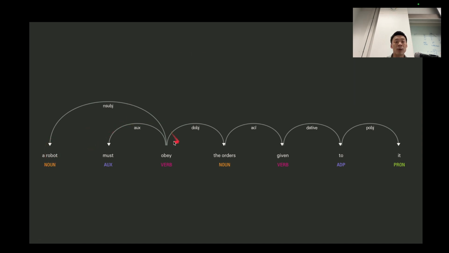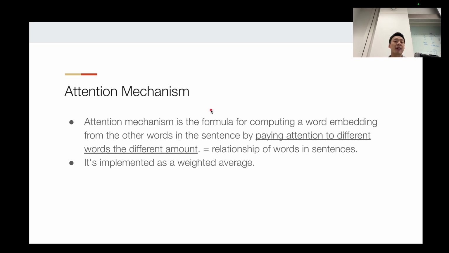For example, must obey. When you use the word must, it must be followed by a verb. So yes, in linguistics we already study relationships between words, and the attention mechanism takes advantage of this observation.